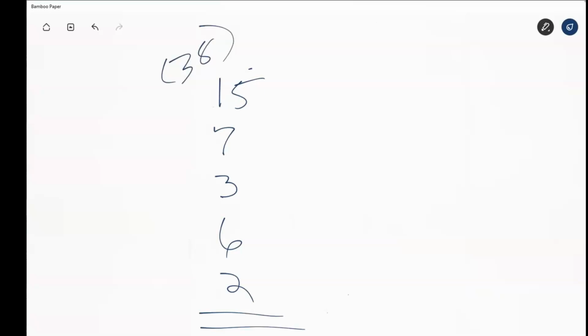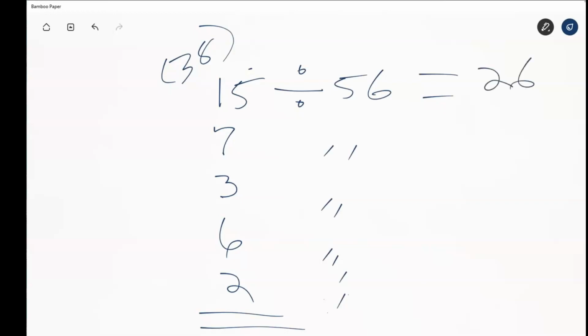Okay, so for all of these, we said to divide by 56 to get the percent the cells spent in each phase. So 15 divided by 56, 7 divided by 56. All of this same, 6, 6, 6, 6. If you went 15 divided by 56, I got 0.26. Did you guys get 0.26?